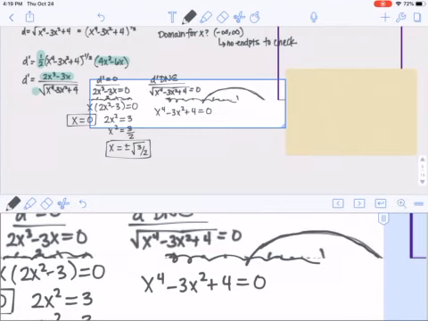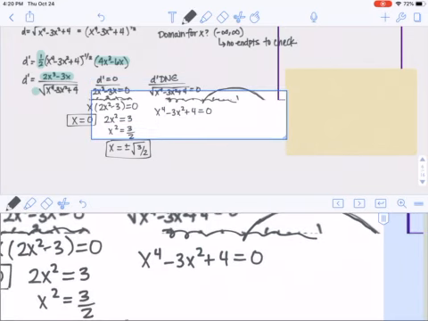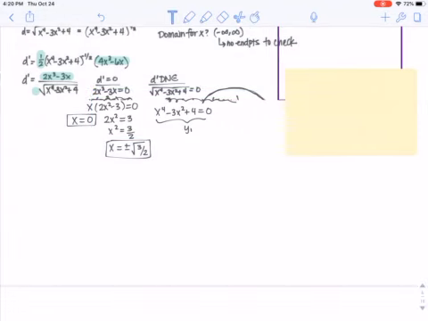People were talking about making a u substitution, like using u for x to the 4th, and you can do that. I do feel like this is a calculator question anyway, and so at this point, I would have you get out your calculator, put this in y1, and see where it hits the x-axis, because those would be places where it equals 0, and you guys know how to find those with your calculator.